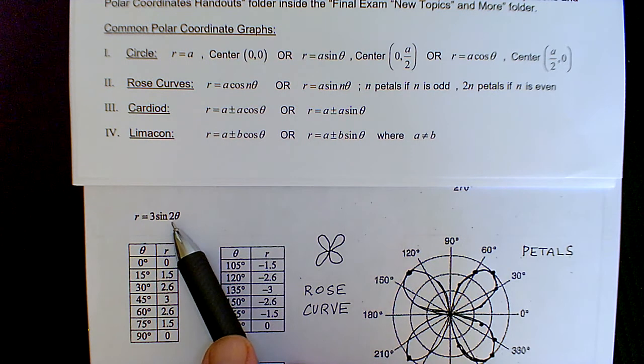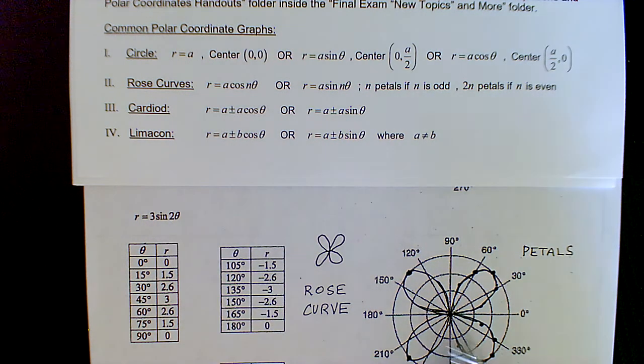So n was even, so we had 2 times 2, or 4 petals. Notice how we're in the quadrants, so to speak. When you've got the sine, if you dealt with the cosine function, they'd be on the axes, so they'd look more like this.